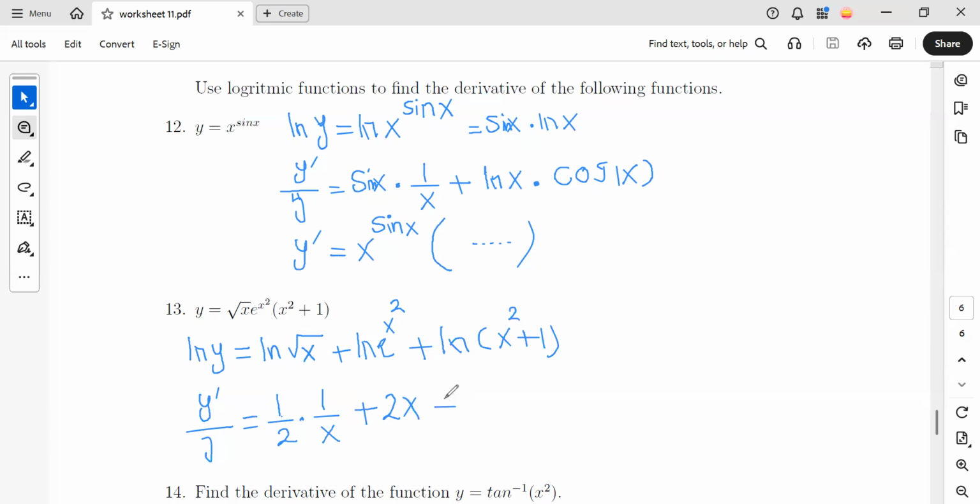For the third part, we are going to use the derivative, which is 2x, over itself, which is x squared plus 1.